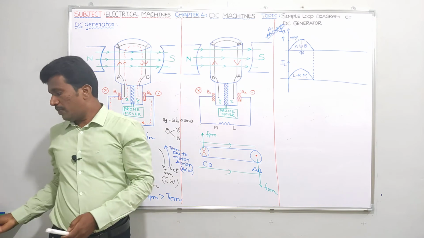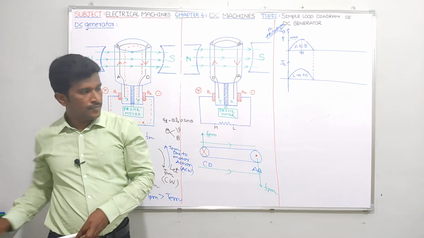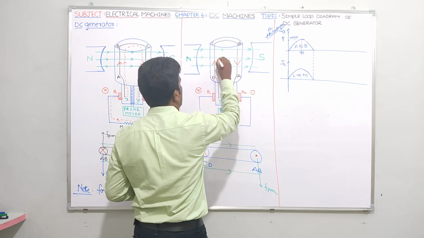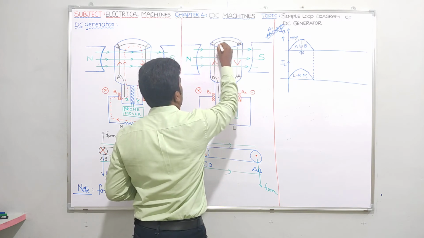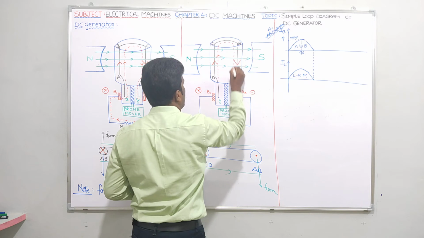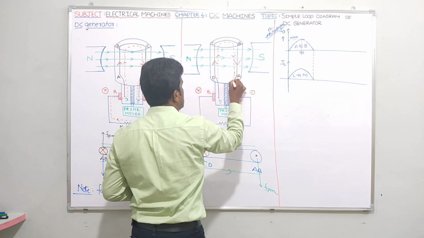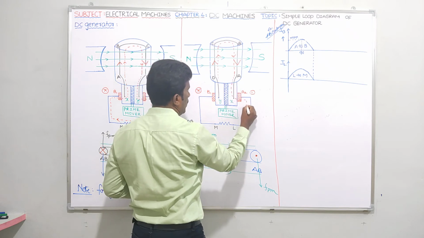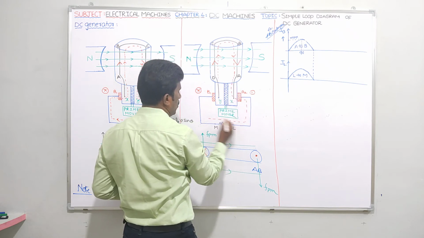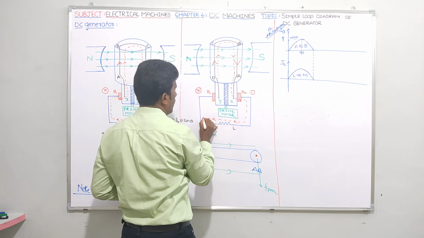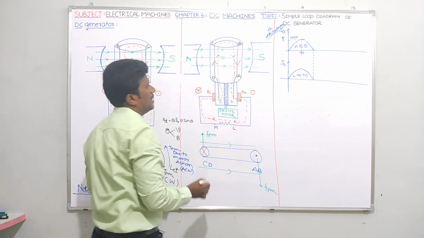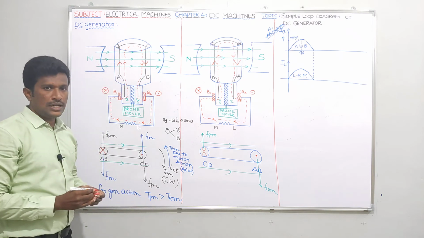Okay, right. Now please guys, let us see. So now current is going in CD from D to C. It is going like this, and in AB it is coming from B to A. And what is the brush corresponding to the AB conductor? I said B2. And what is the direction of current in the load? L to M, and it is entering at the B1 brush. It is completing the path like this. Is it clear? Okay.